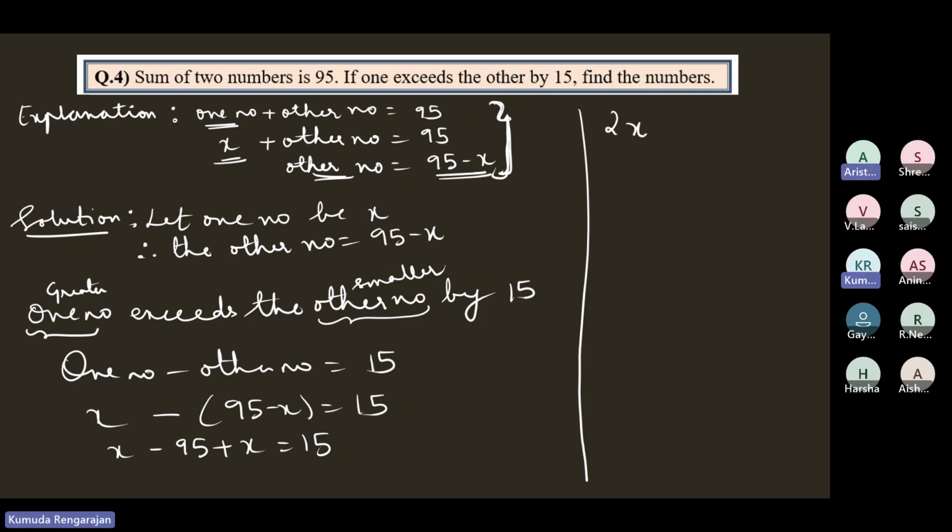Yeah, take minus 95 to the other side. So it will be plus 95. So 2x will be equal to 15 plus 95, which will be 110. Yeah. So x is equal to? 110 divided by 2.